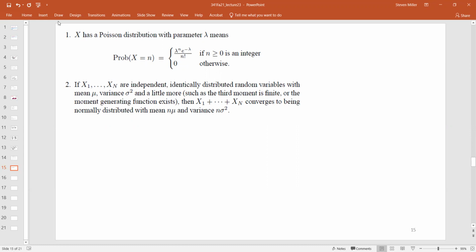And let's let x1 through xn be independent, identically distributed random variables. This is the central limit theorem with mean mu and variance sigma squared. Then the sum converges to being normally distributed with mean n times mu and variance n sigma squared. So here, let's let xk be Poisson with parameter 1. What is the expected value of xk?